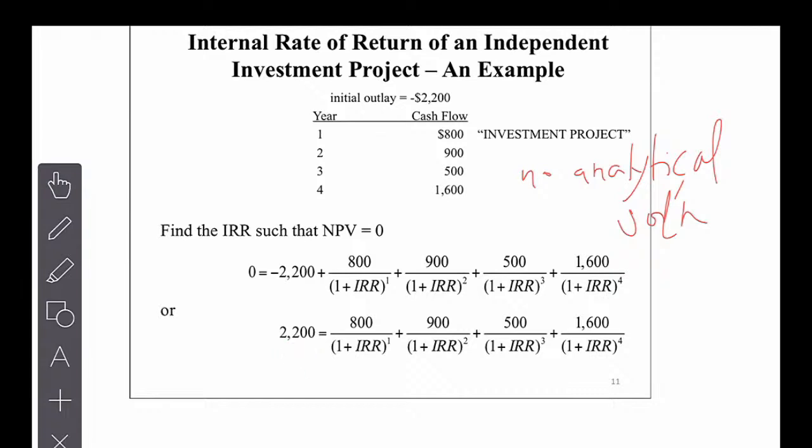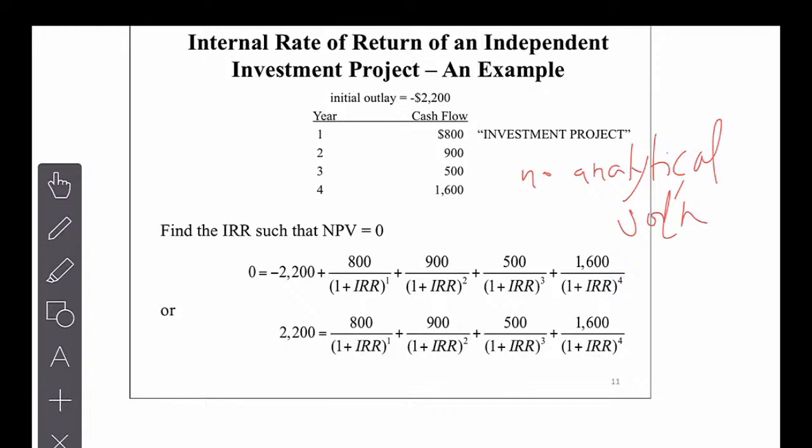So it iterates. That's a very powerful process. If it overshoots, if it goes too high or too low, then it picks numbers in between.